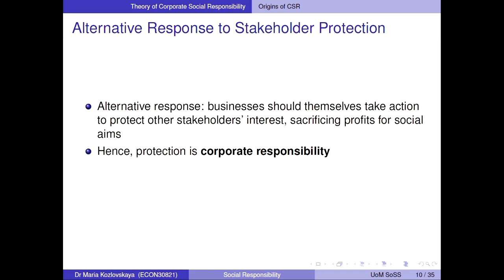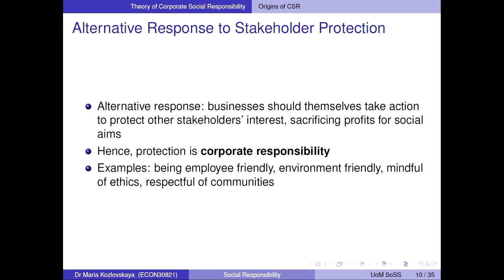So that's what corporate responsibility really is. It's businesses themselves taking on the duty of protection towards their other stakeholders.